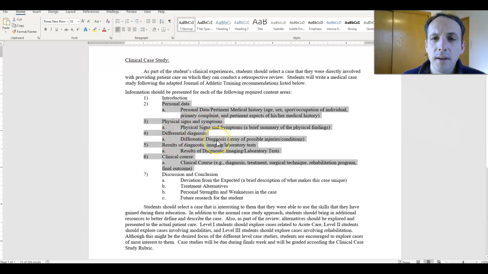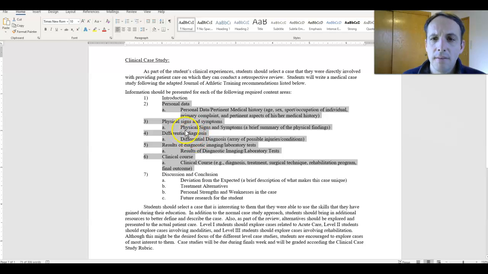Talk about differential diagnosis, and this has more to do now with the history of case studies often being involved with unique cases and diagnostic case studies. If you don't have a diagnostic case study, you do not need to spend a lot of time in this differential diagnosis.